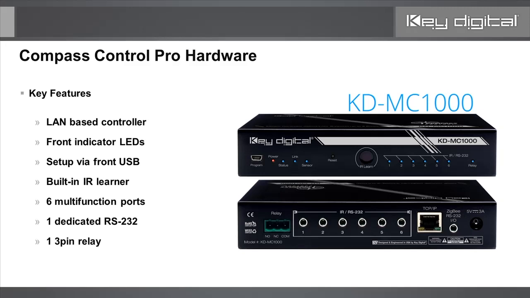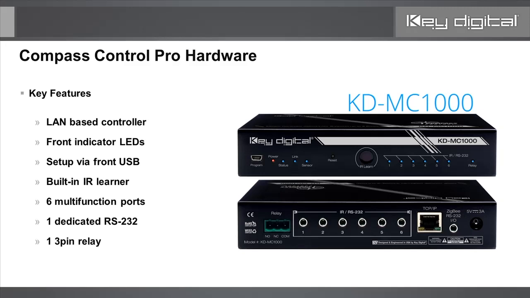It communicates over the network from your iOS devices, and you have 7 IR RS-232 ports, where 1 through 6 can be IR, RS-232, voltage sensing, voltage triggering, and the 7th port labeled Zigbee RS-IO, that's really just RS-232 anymore. It's no longer used for Zigbee, but that is a dedicated RS-232 bidirectional port for you.